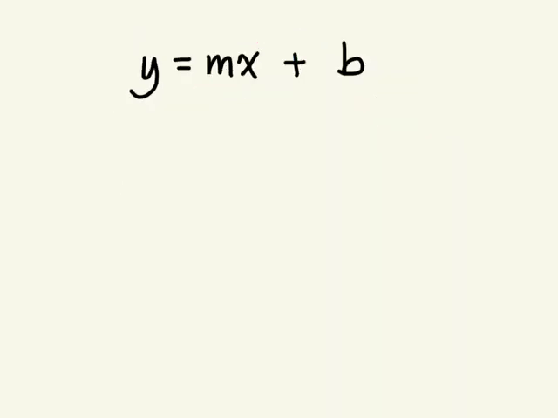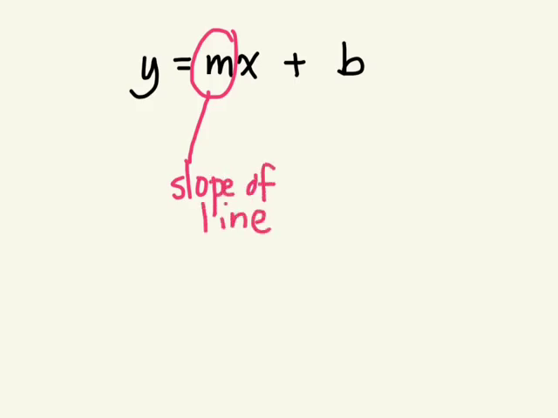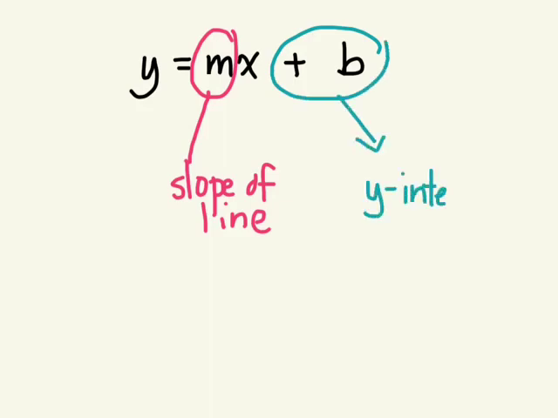The reason that this is referred to as slope-intercept form, because whenever it's written in this form, our coefficient of x, whatever number that is, represents the slope of the line, and our constant term, the number by itself, would represent the y-intercept. Okay, that's only when it's in the form y equals mx plus b. In this form, y is always isolated. It's always y is equal to something, okay?